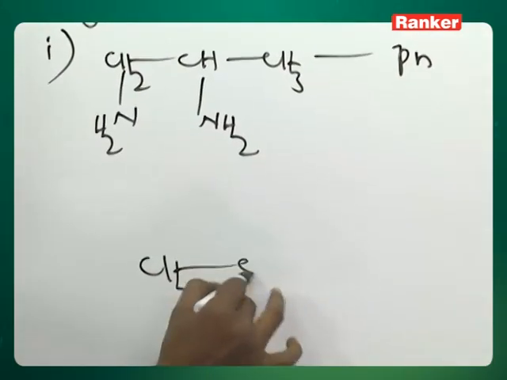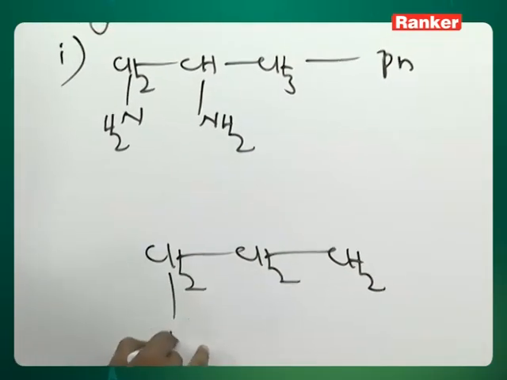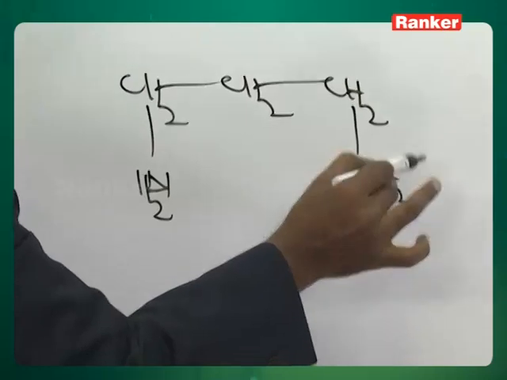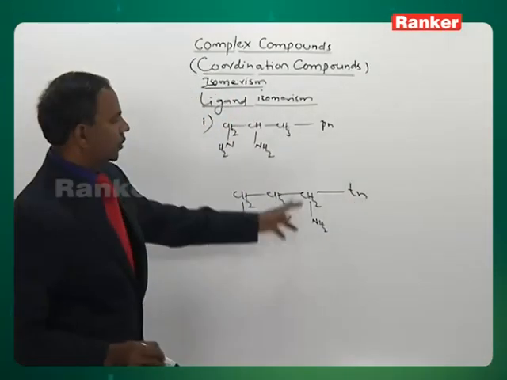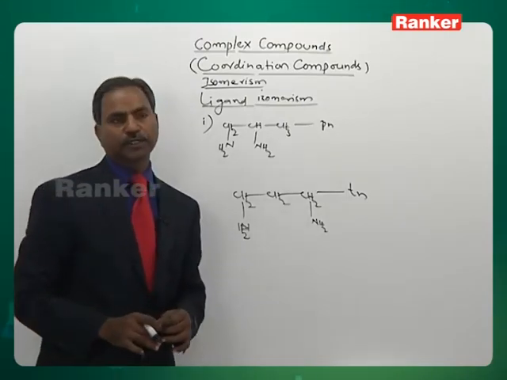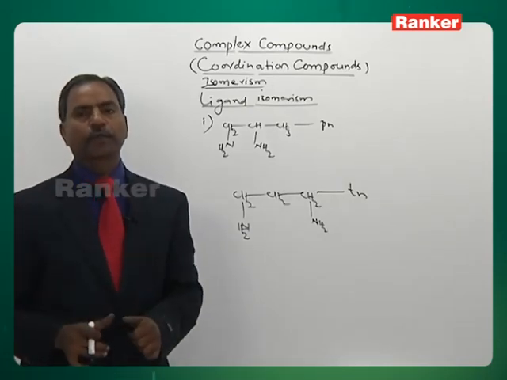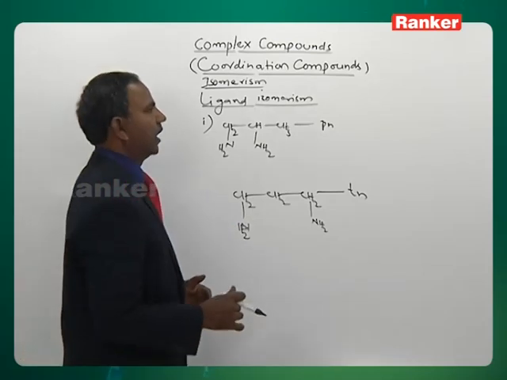Second one, trimethylene diamine, 1,3-diaminopropane, TN. See, both are the same kind of ligands, but clearly both are positional isomers. If these two ligands are there in two different complexes, those complexes exhibit ligand isomerism.